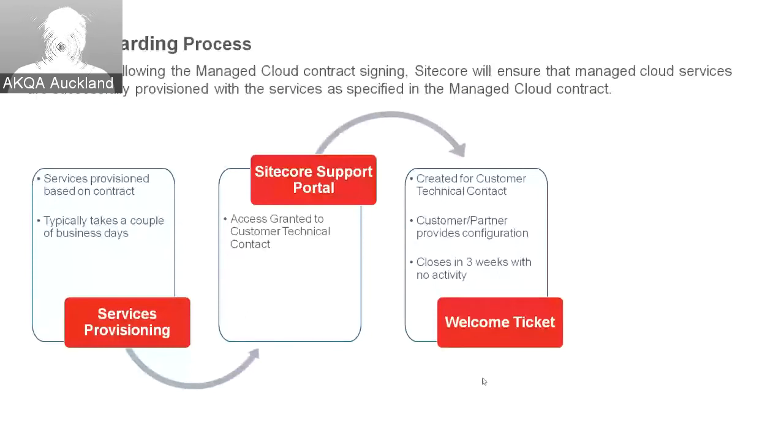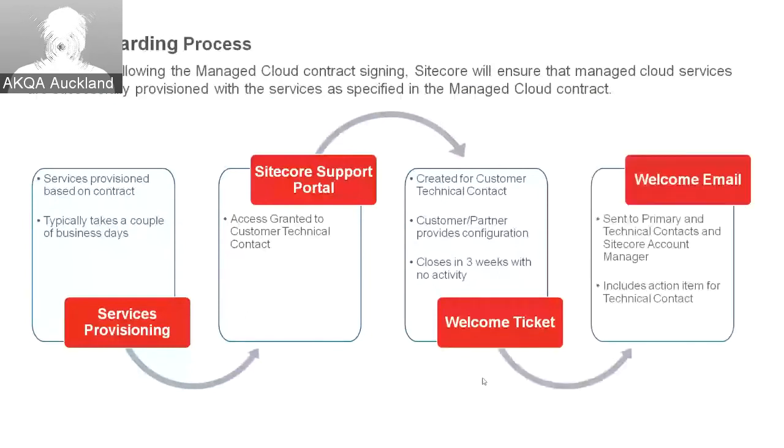At the same time, you'll get the welcome email from them. Because as a partner, you know how the support portal works, but as a client, you don't know how it works. So they send an email to the client and ask them to log in to that particular system, check the tickets and fill in all the details they want.